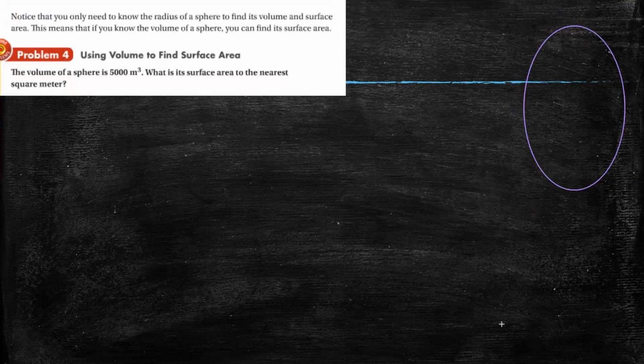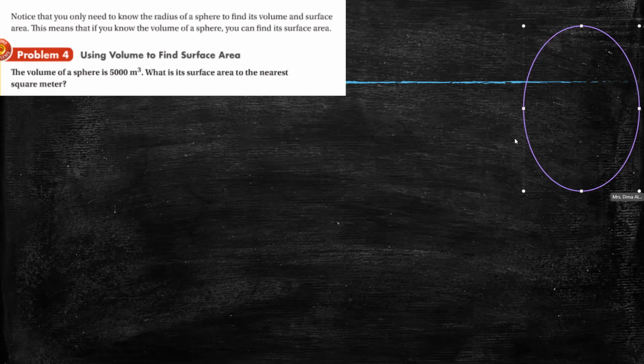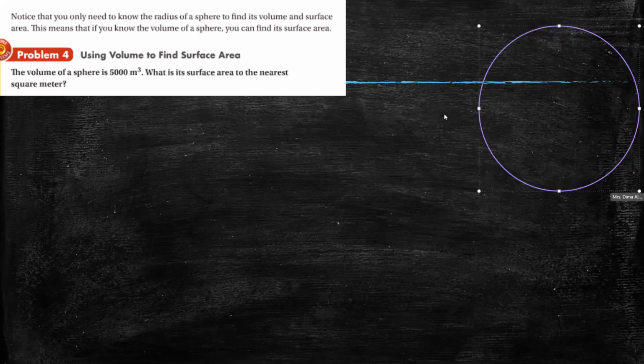There's a sphere like this one here as an example, and you know that the volume of this sphere is 5,000 cubic meters.